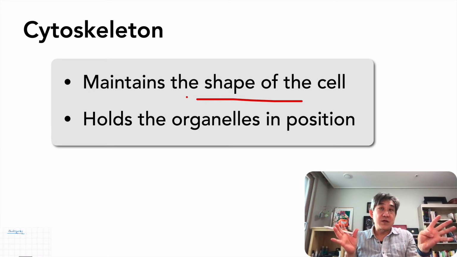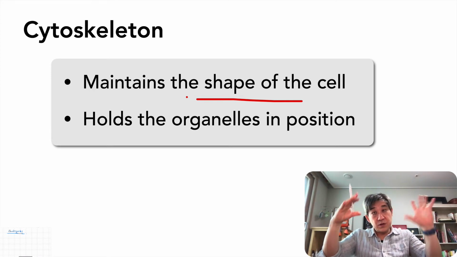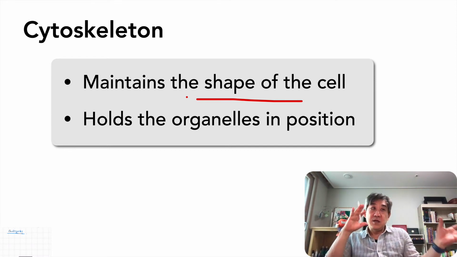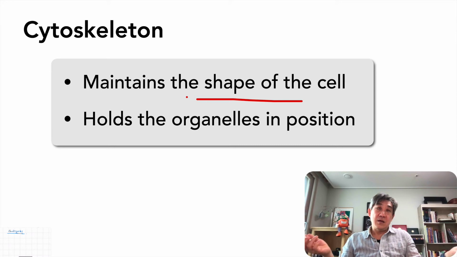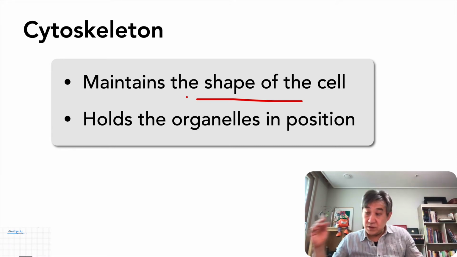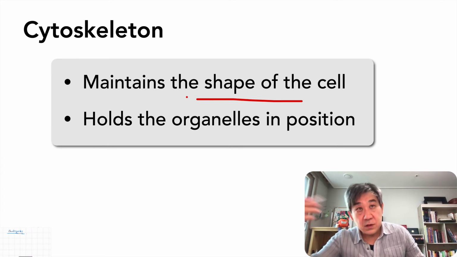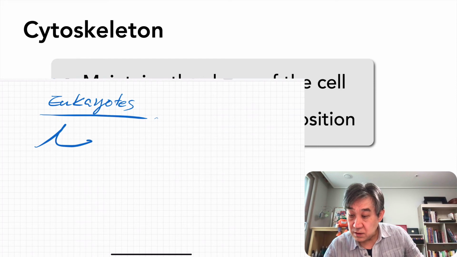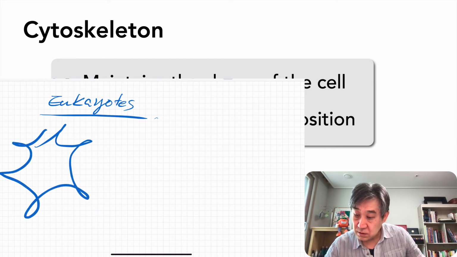Animal cells don't have any cell wall. So the unique, distinct shapes of different types of animal cells are the result of specific patterns laid down by specific cytoskeleton proteins. For example, the typical appearance of a nerve cell, a neuron, is like this.